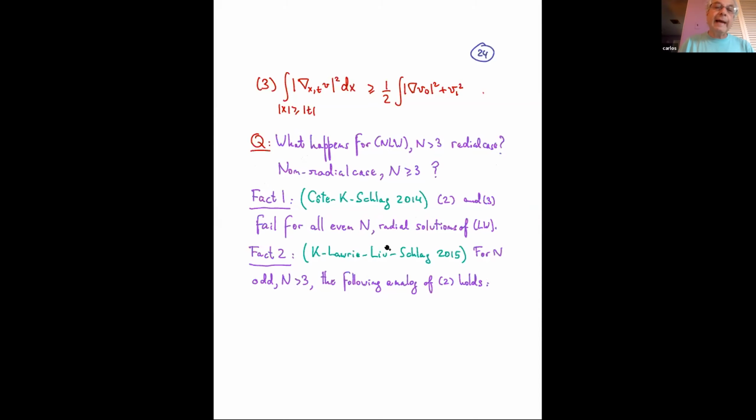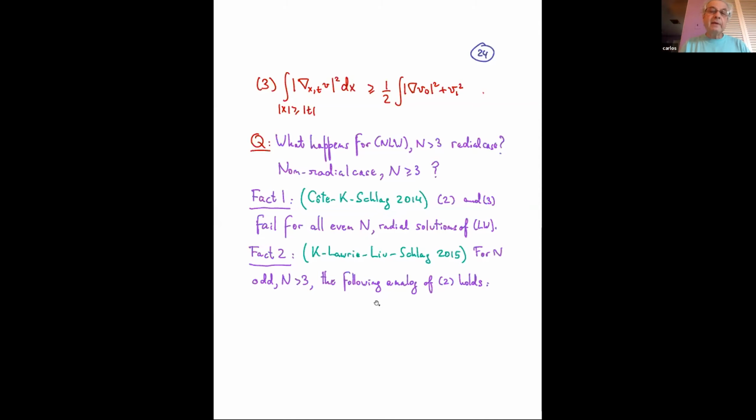The first fact arose in work with Kenig, Lawrie, and Schlag in 2014, where we showed that these lower outer energy bounds fail in all even dimensions, even for the radial case. And they fail miserably, for infinite dimensional spaces.